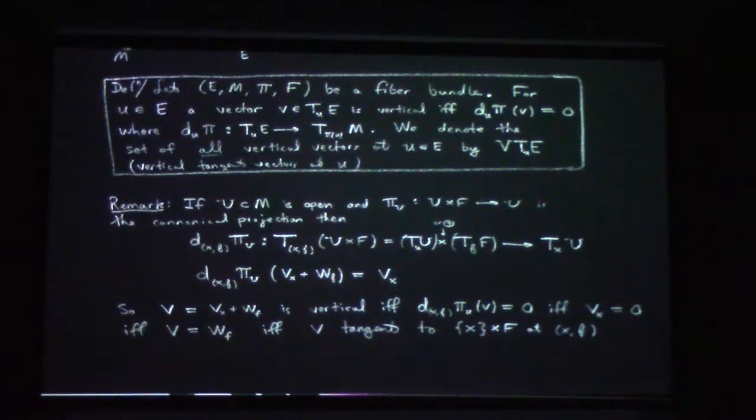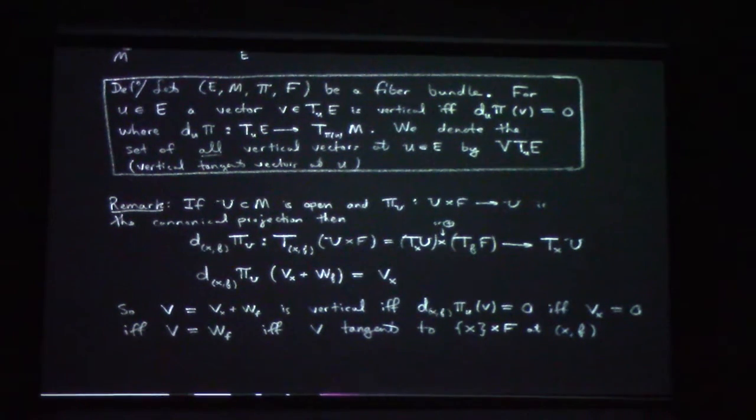So this is sort of the naive thing that this concept's trying to generalize. It's not always so simple as this, but in the case you have a trivial bundle, the d pi is really just a projection, right? It's a projection onto the part of the tangent vector which lines up with the base tangent. So it just kills off the fiber piece.